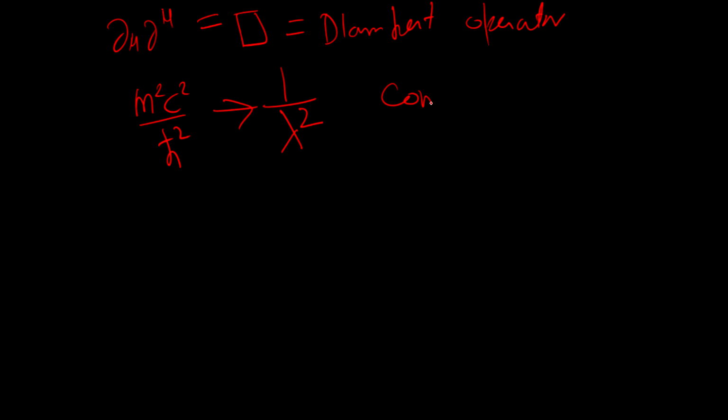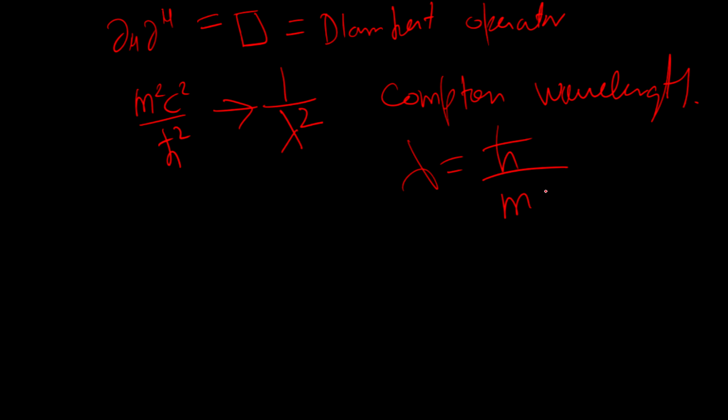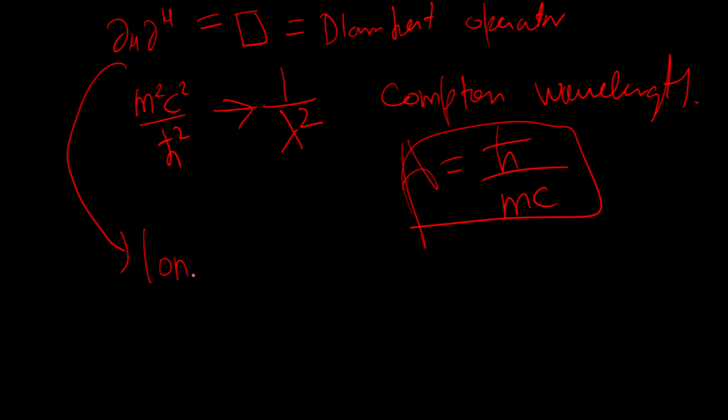This lambda is called the Compton wavelength. We know that the Compton wavelength is lambda equals h cross upon mc. And the D'Alembert operator is Lorentz invariant. So this is all about the Klein-Gordon equation.